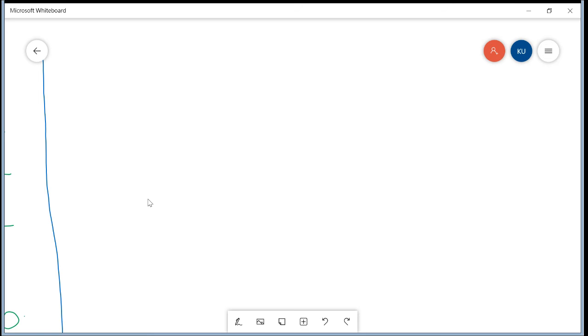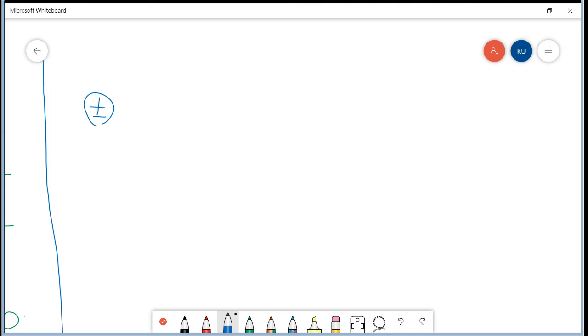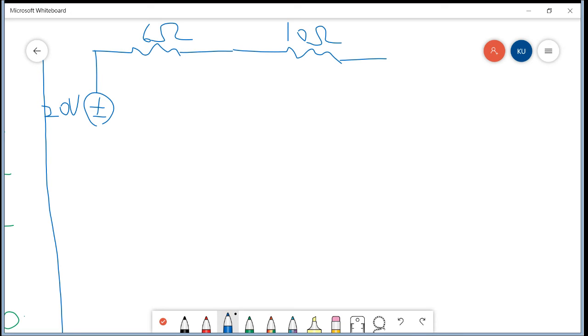And actually this example is quite easy. So we have 20 volts, 6 ohm. So this is 10 ohm. This is 4 ohm.